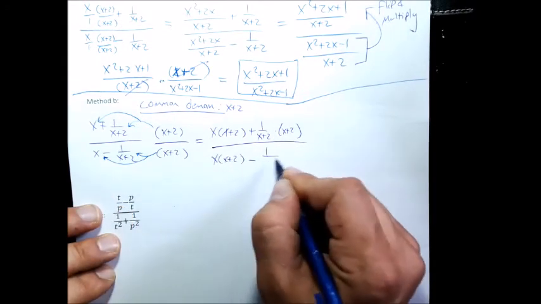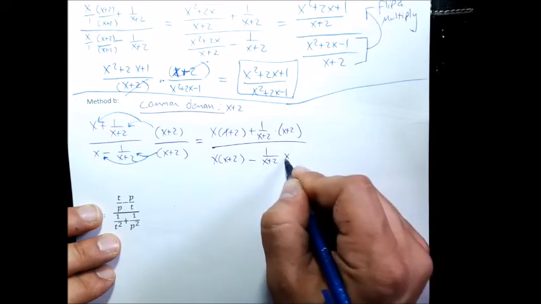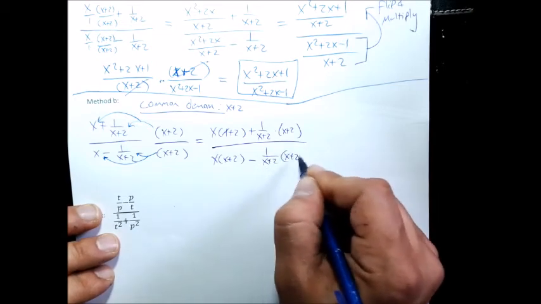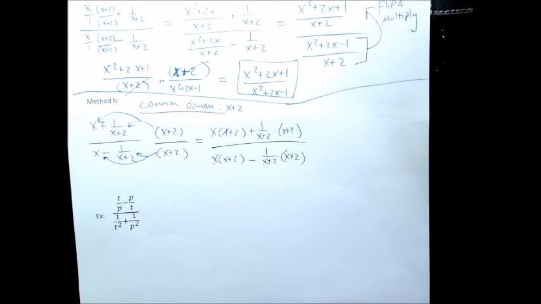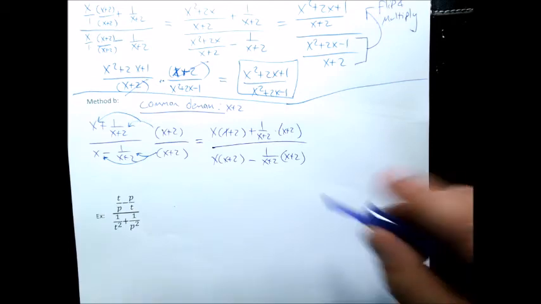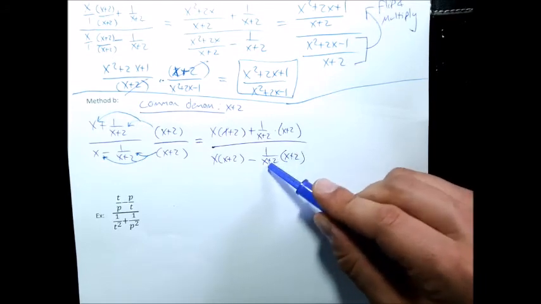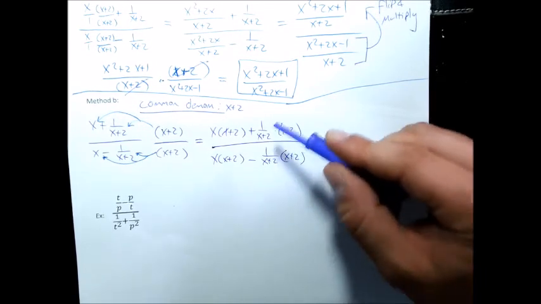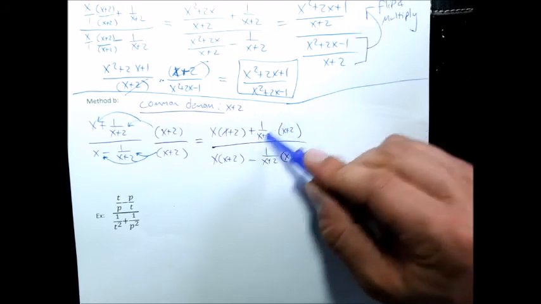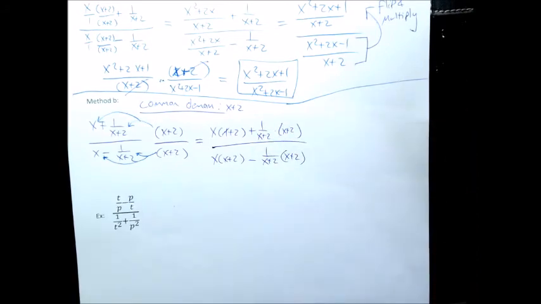It just hits every single piece, and since x plus 2 is the common denominator, it cancels out the fractions. Because you'll see what we'll do in just a second here is we're going to cancel out those x plus 2's, and we're going to cancel out those x plus 2's, and so it's not going to be a compound fraction anymore, excuse me. It's still going to be a fraction, it's just not going to be a compound fraction.